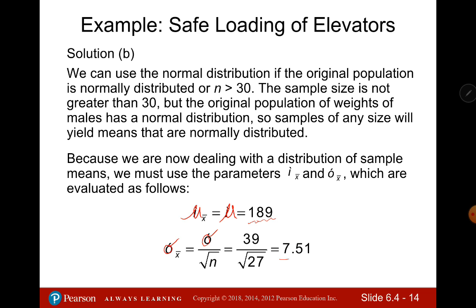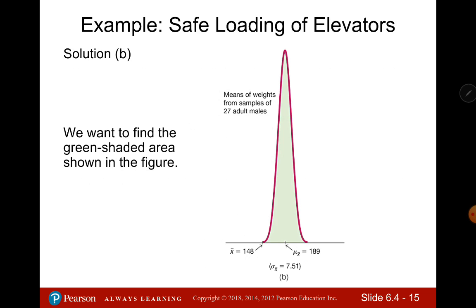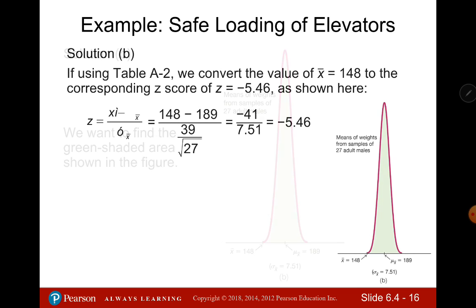After that, we get the standard deviation, or standard error, for the distribution of x bar. So this is the shape. This is the normal curve for x bar. It's not for the original x, right? We can use this distribution to get the answer of the second part.